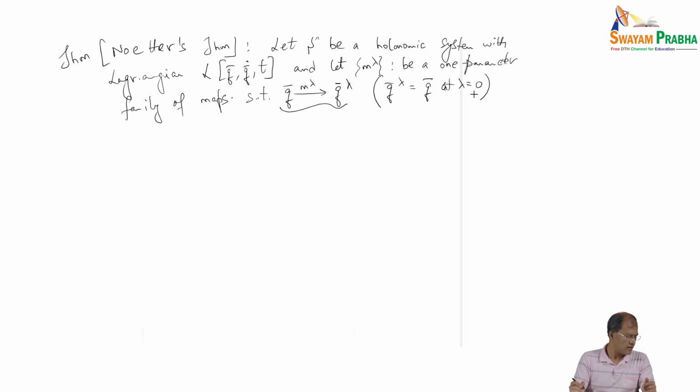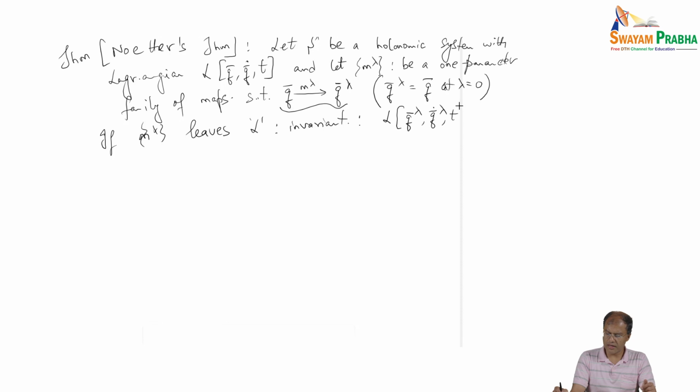And we see that if M lambda leaves our Lagrangian invariant, right? Which means that what we are saying is L of q lambda, q dot lambda, t is the same as L of q, q dot, t, right?